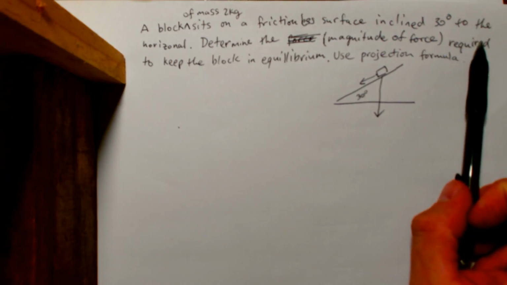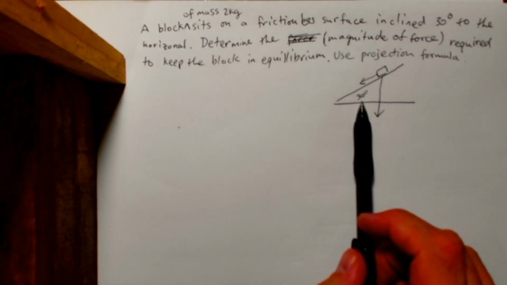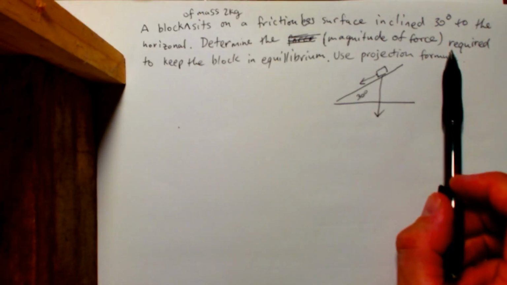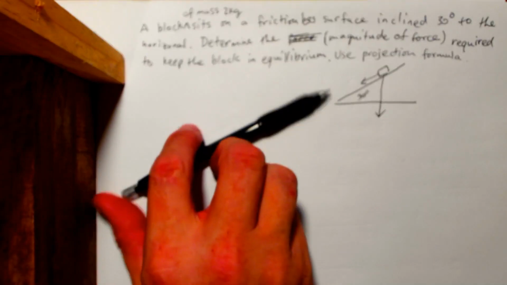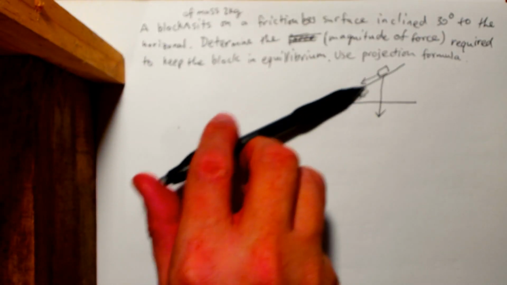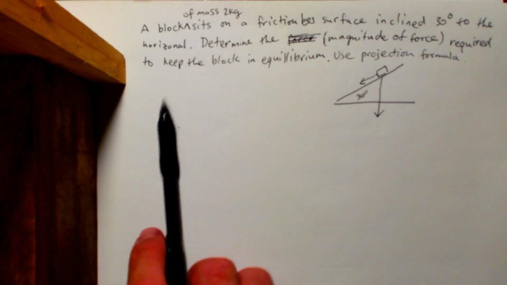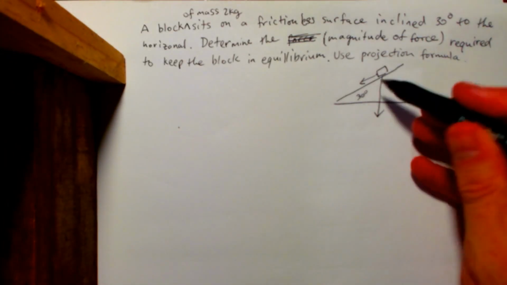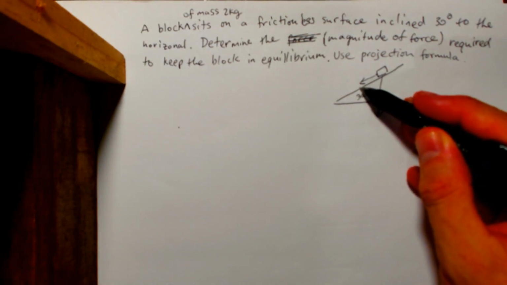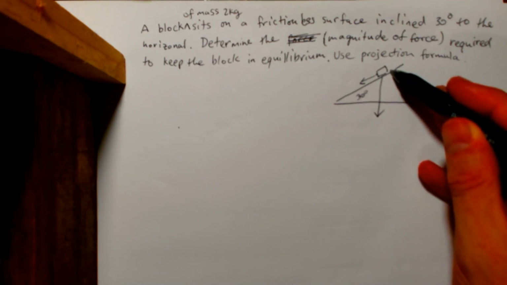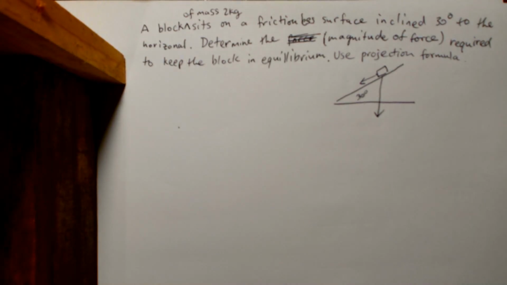Incline 30 degrees to the horizontal. Determine the magnitude of the force, so basically in this direction, opposing this force down here, required to keep the block in equilibrium. So it's like if you were anchored down here, and you had to apply a force to keep this block where it is. Okay?